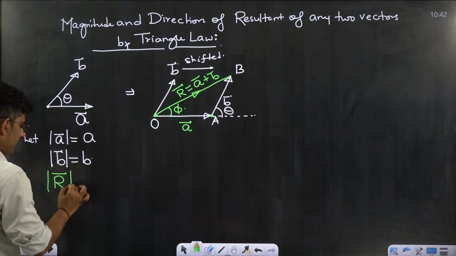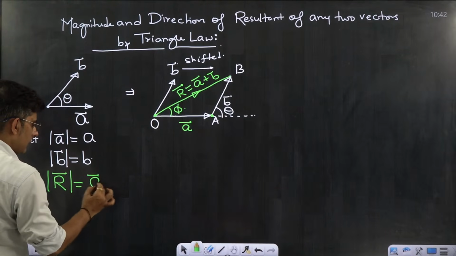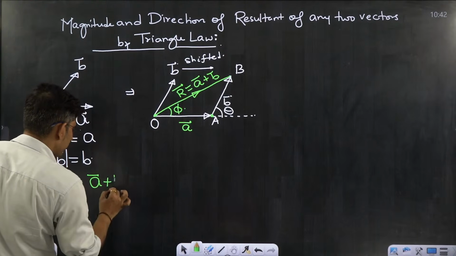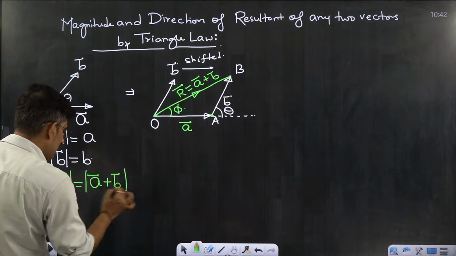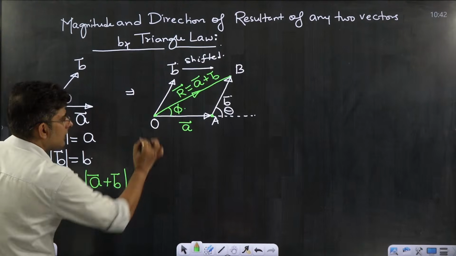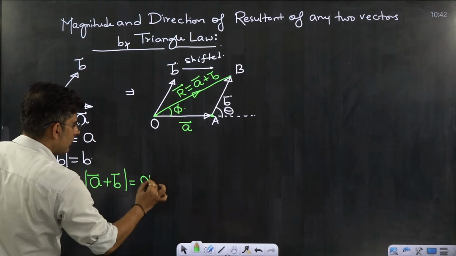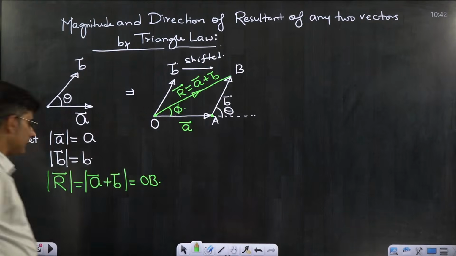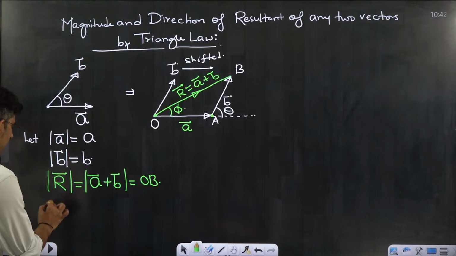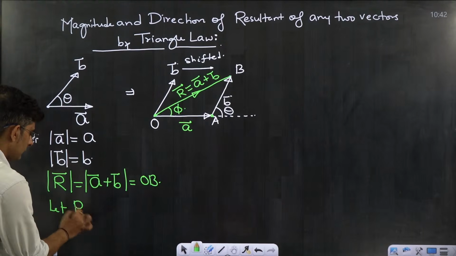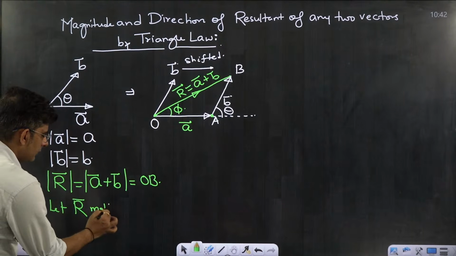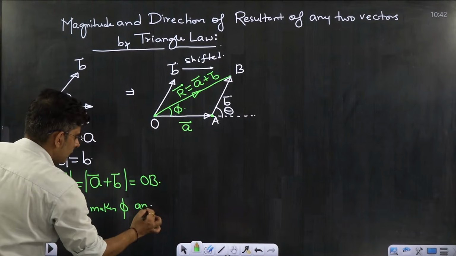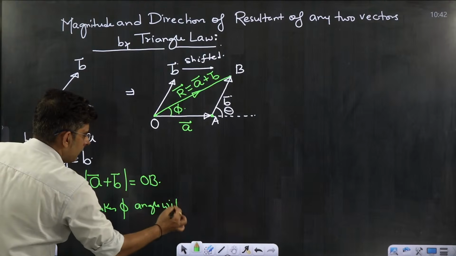Magnitude of the resultant is nothing but the magnitude of resultant of A and B, which is nothing but the side OB. The length OB of the triangle will give you resultant. Okay, and let resultant vector makes, I have marked this angle as phi, with which vector?